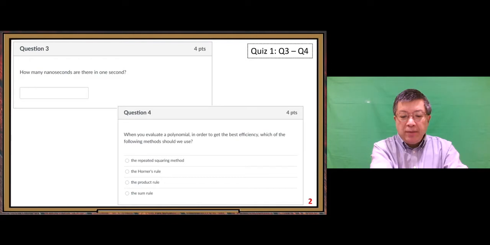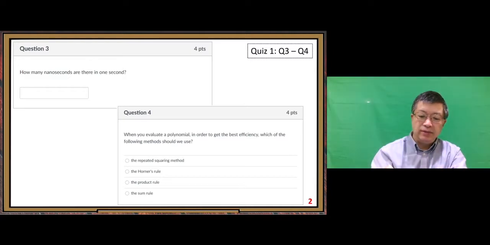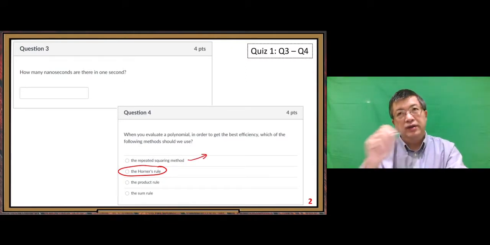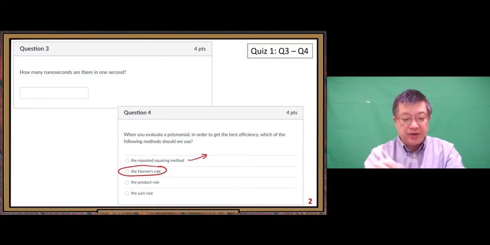When you evaluate a polynomial, in order to get the best efficiency, which of the following methods should we use? Horner's rule. Repeated squaring is for some special cases, not as general as Horner's rule.